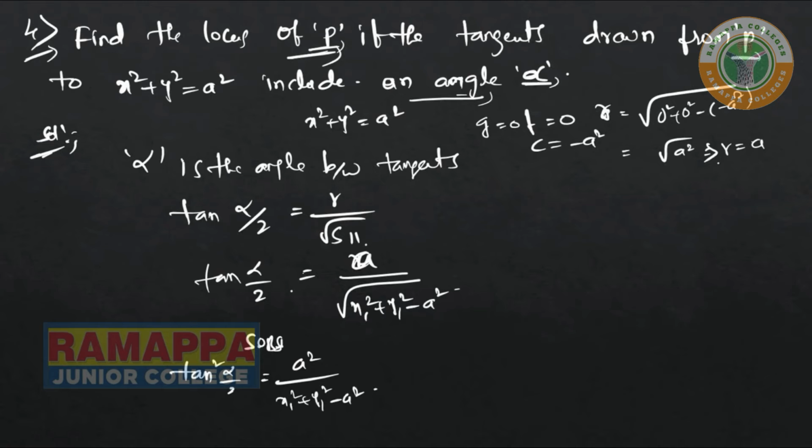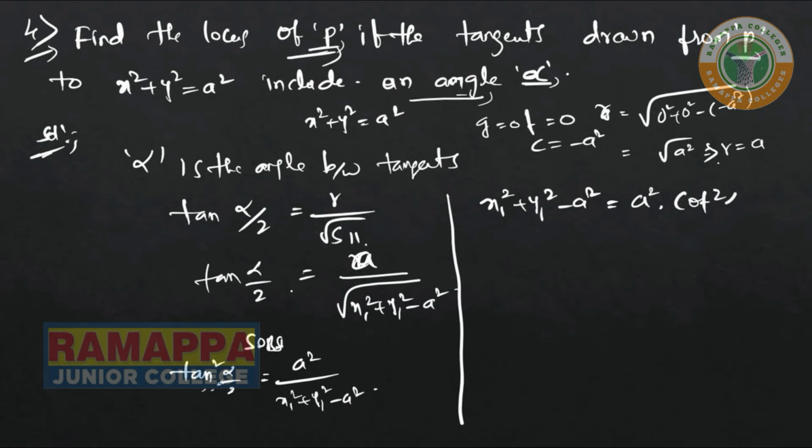So I will reverse this one, and I will write x1 square plus y1 square minus a square is equal to a square into cot square alpha by 2. So I will reverse this total, and it will become x1 square plus y1 square by a square, and it will become cot square.